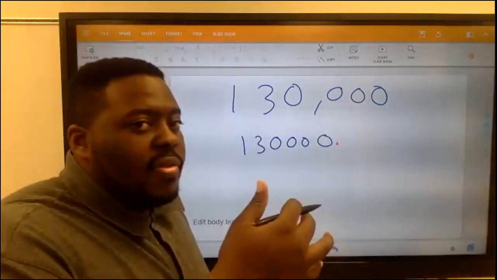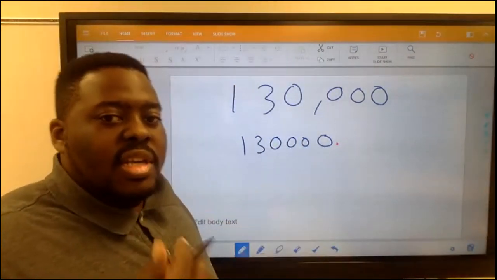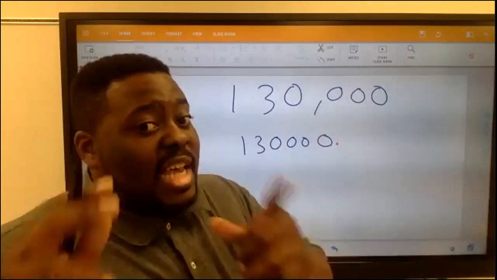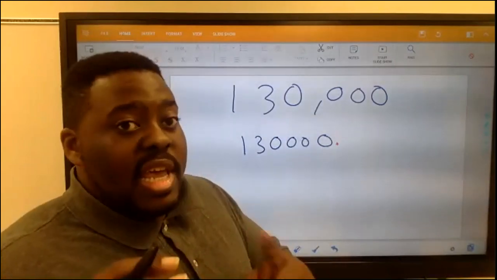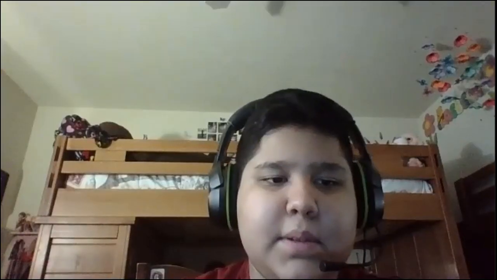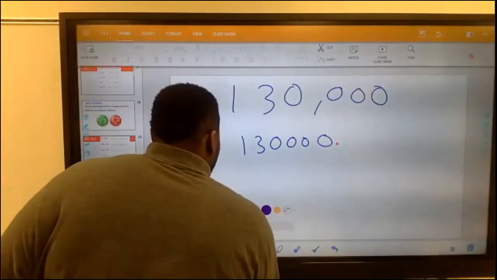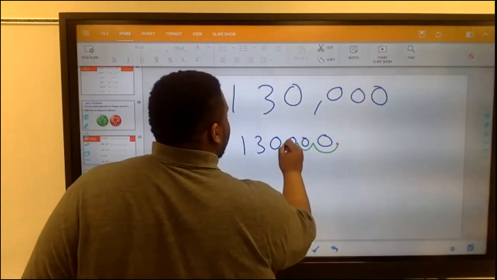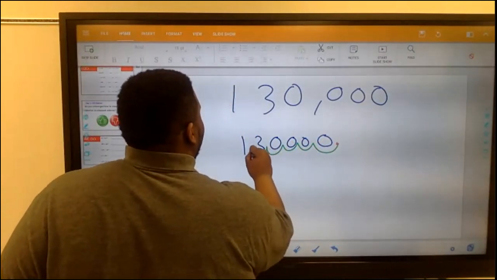Now we need to go ahead and move it, 5 times. Just because I say to the left doesn't mean it's going to be negative. You have to be moving it right now. So here we go: 1, 2, 3, 4, 5.